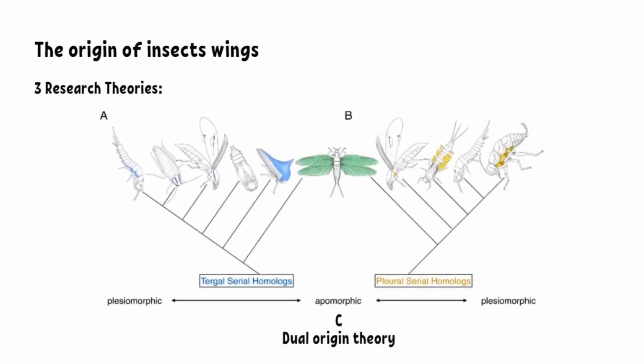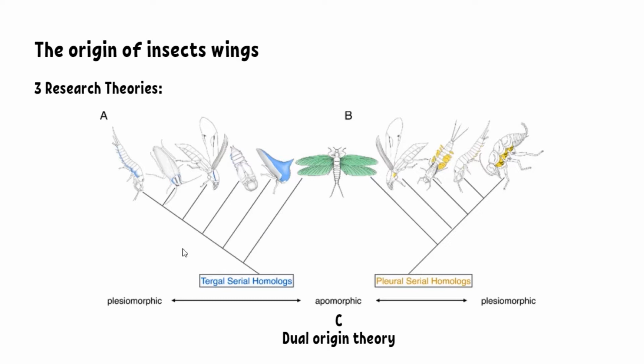So, moving backward to the origin of the wings in the insects. Currently, there are only 3 research theories describing this mystery. The scientists haven't found yet how the wings are being developed, and I find it a very interesting subject to study.